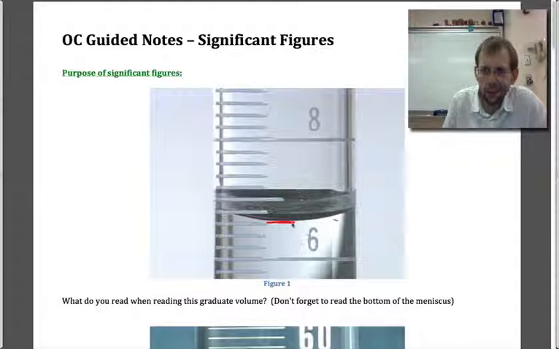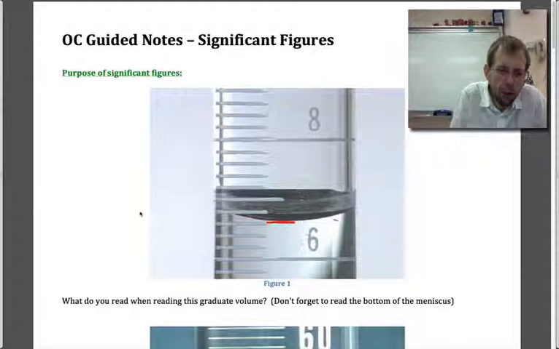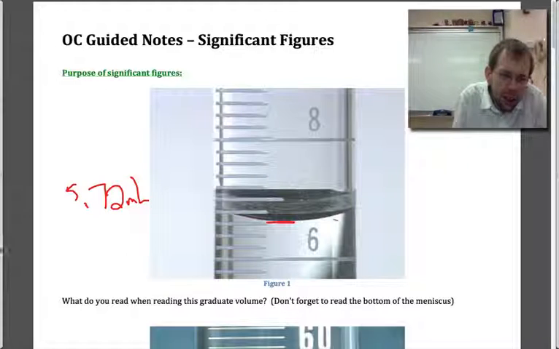We want to know, seriously, when I write down a number like 5.72 milliliters, is that the same thing as writing 5.7200 milliliters?